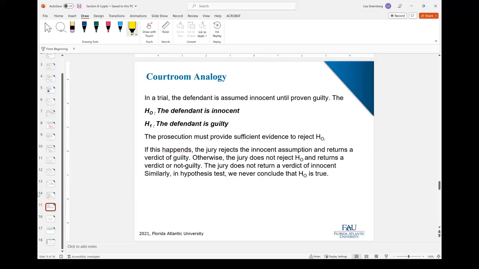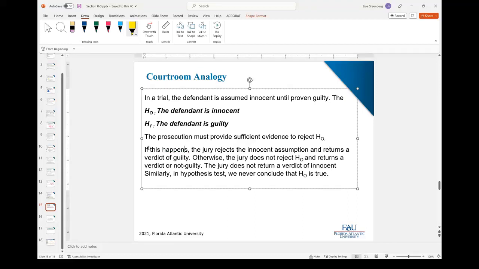If this happens, the jury rejects the innocent assumption and returns a verdict of guilty. Otherwise, the jury does not reject the null hypothesis and returns a verdict of not guilty.